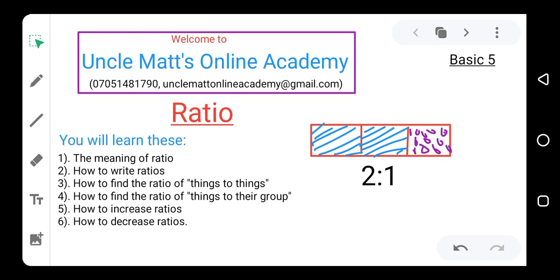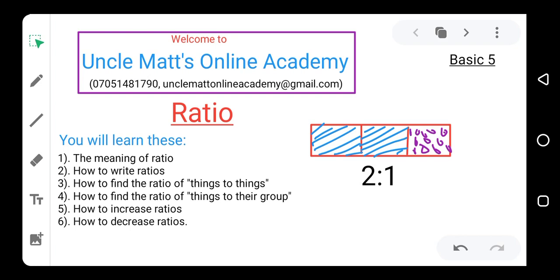Like when we have orange and mango in a basket, when we want to compare or to find out how many oranges are there in the basket compared to other ones in the basket, that is what I mean by tens to their group.